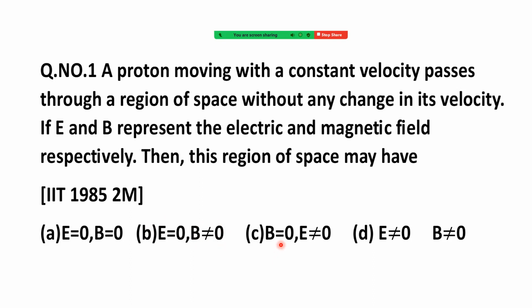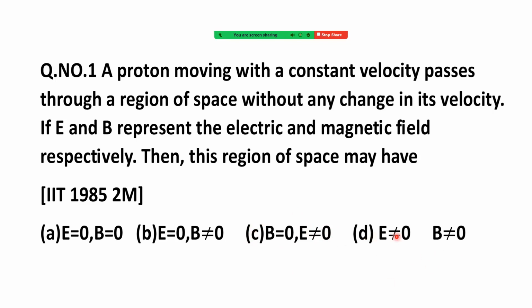Next, no magnetic field, but electric field is present. Once electric field is present, force will be there. That is Q into E bar. So if electric field is present, electric force is there. That means net force cannot be zero. Therefore, this is not possible.